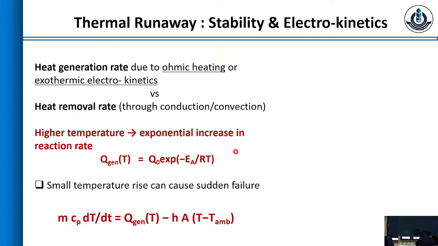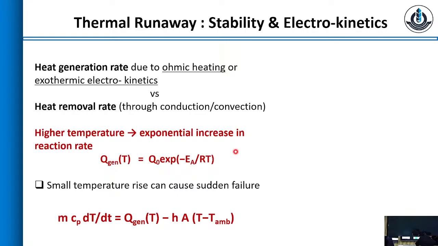Also, there could be exothermic electrokinetics. So all these electrolyte anode reactions, electrolyte cathode reactions, because of those, you will have exothermic reactions. Now, if this heat generation rate is greater than the heat removal rate, then you start accumulating heat inside the cell. The temperature increases, and it ultimately leads to a thermal runaway.